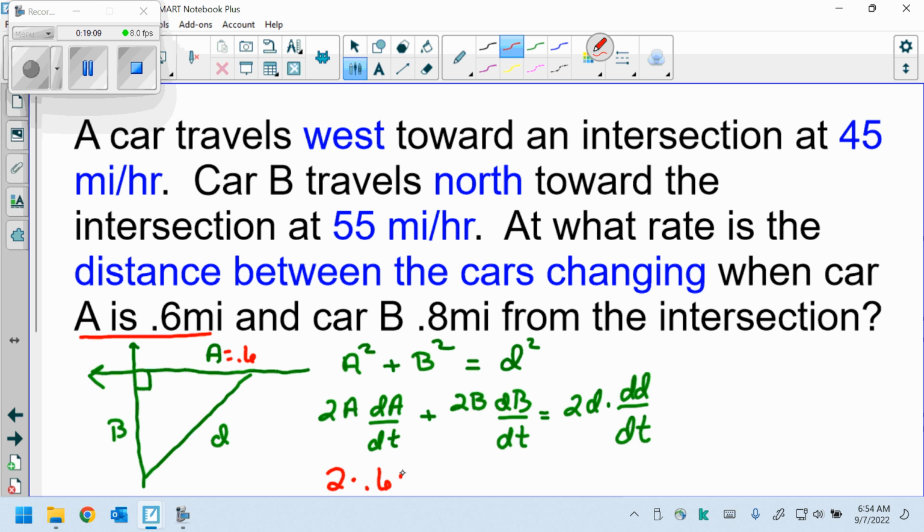And A is traveling 45. Now, is that positive 45 or is that negative? Is A getting bigger or smaller? Well, I think you can see side A is getting smaller. That's a negative.